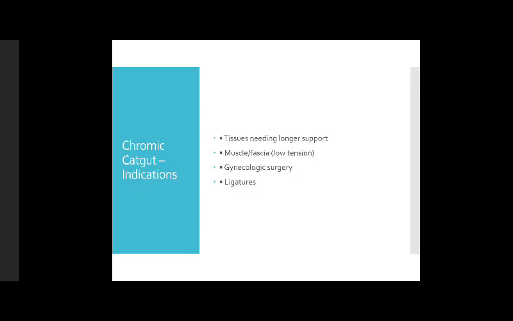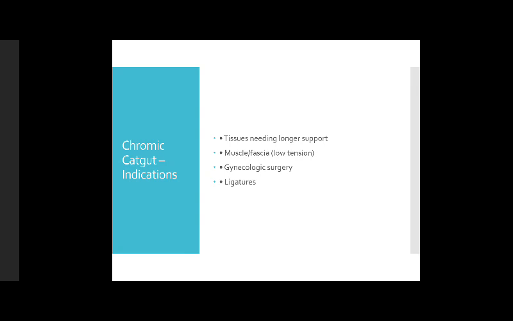Now, what are the indications for chromic catgut? The indications to use chromic catgut are tissue needing longer support. In any tissue which needs longer support, we should use chromic catgut over plain catgut.